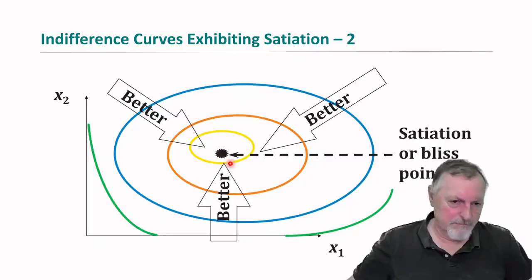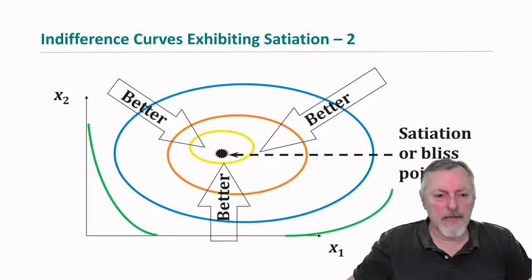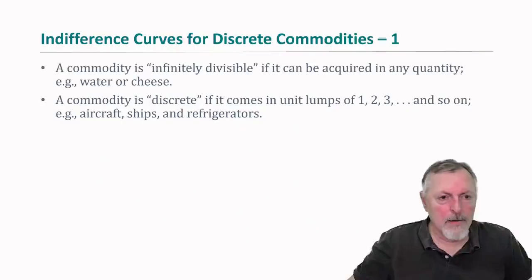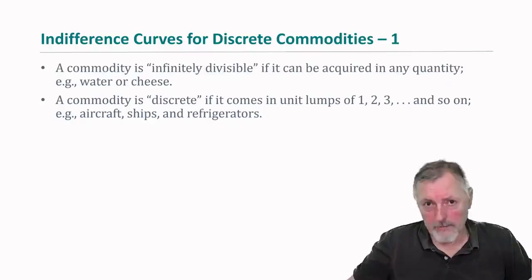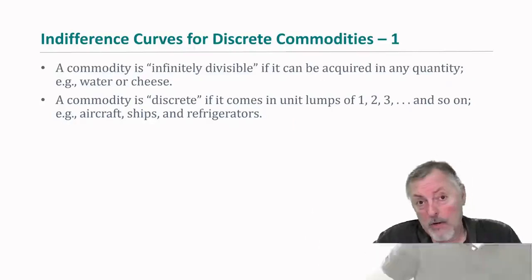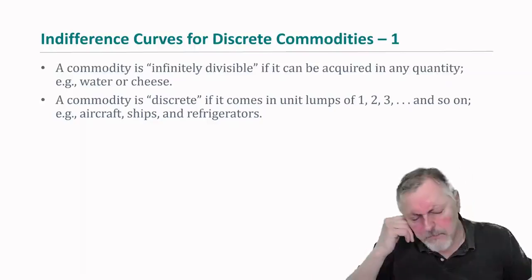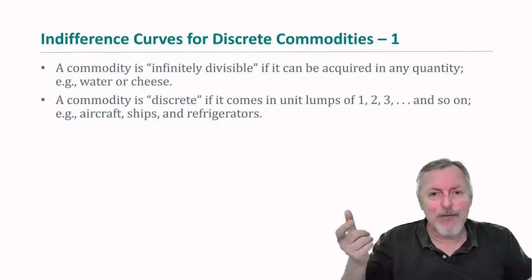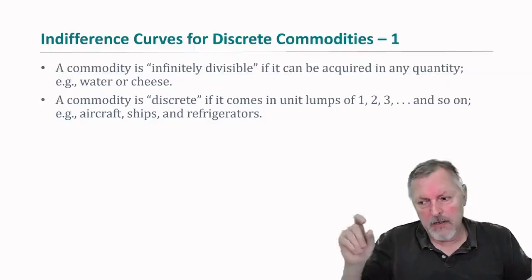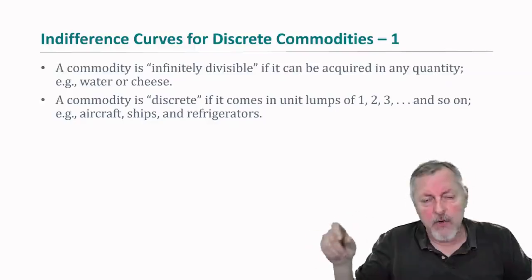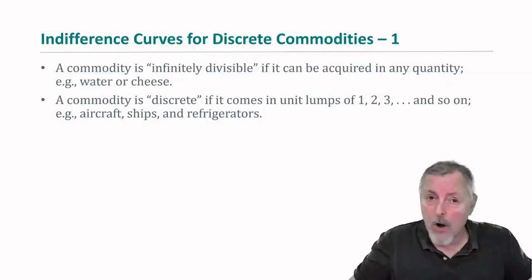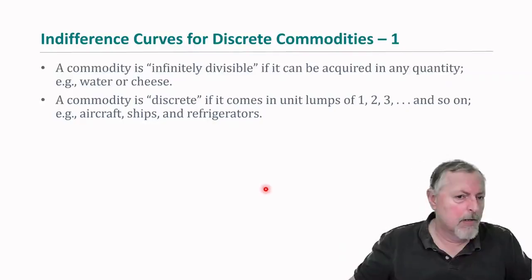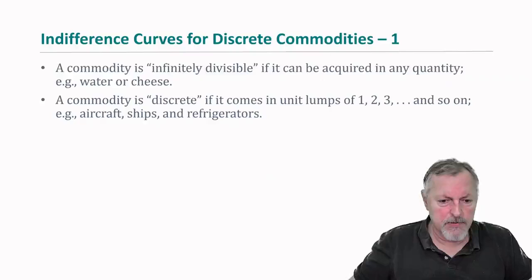In this case, this 1 point is the highest utility you can get. Infinite versus discrete divisibility. Some things you can buy in any quantity you want. Electricity, water, many things. Some things you can't buy in a continuous quantity. You can only buy discrete units. A car. Here's some examples.